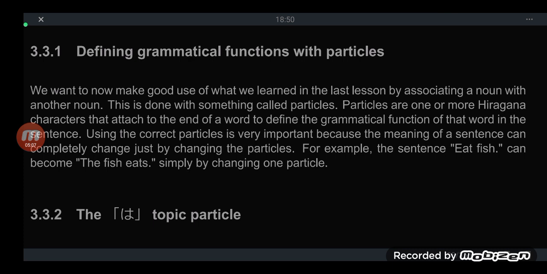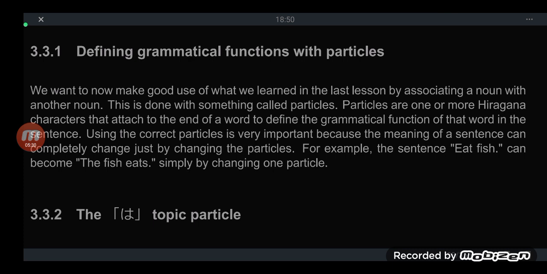Now, what is this ha particle? This ha particle, as I have mentioned a while ago, goes with the SLVC sentence pattern, just like in lesson 005, the simplest of all the Japanese language grammar patterns.